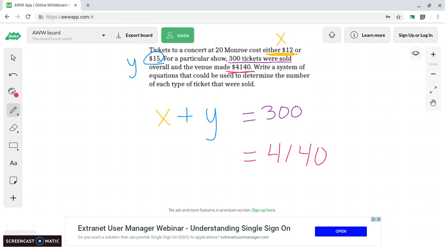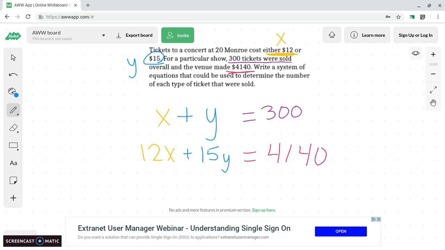Because our answer is in money, we need to include how much money each ticket costs. So for our X tickets, they cost $12 a piece, so we need to have the 12 with the X. And then we're adding on to that the money they made from the other type of tickets, the Y tickets. So that's going to be plus 15Y.